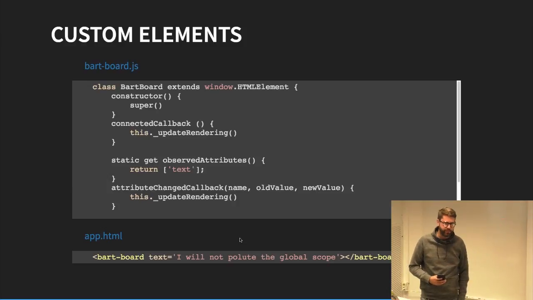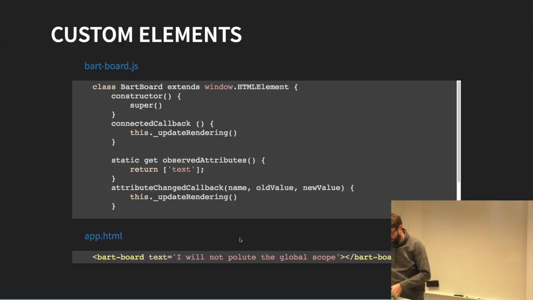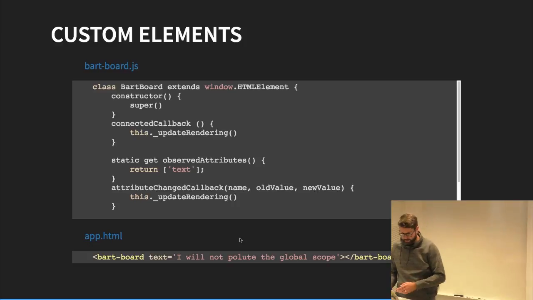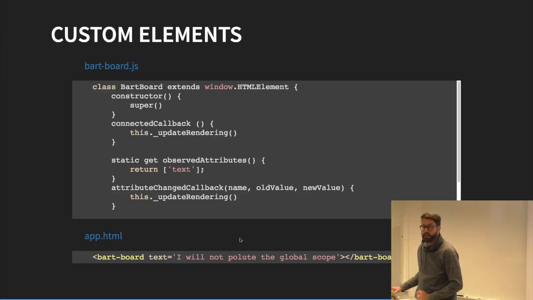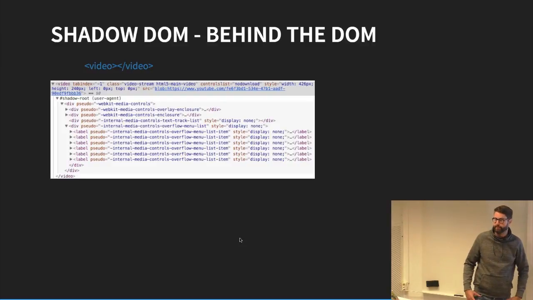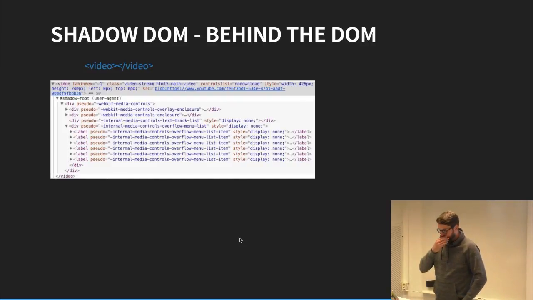We have just touched upon the basics of creating custom elements. Will we do that now? Oh, maybe we will. Yeah. We will look at something called a shadow DOM. When I've described the DOM, I've described it going back all the way to the top.